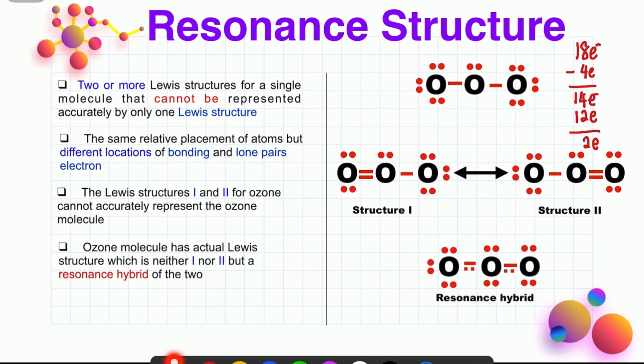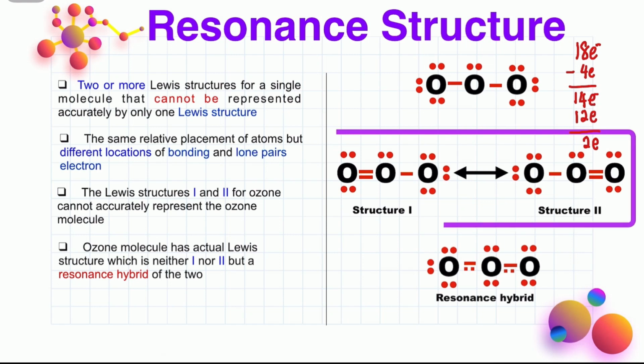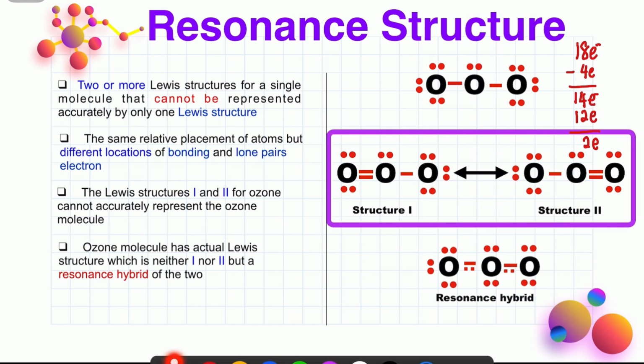When you want to write or draw the resonance structure, you have to draw this one, not the resonance hybrid. This resonance hybrid, I just want to show you how the resonance hybrid for these two structures of ozone looks, and how the electrons are delocalized.